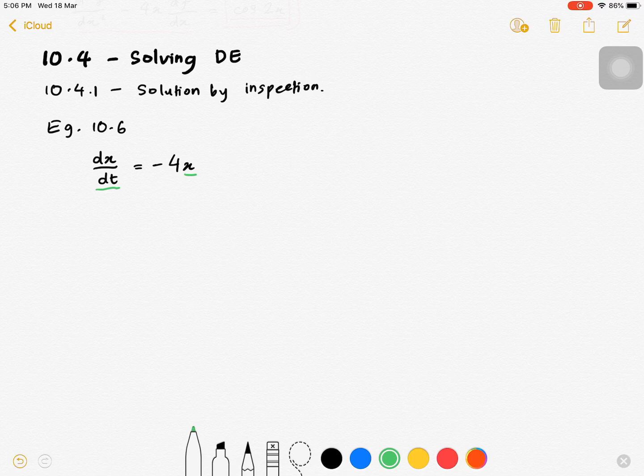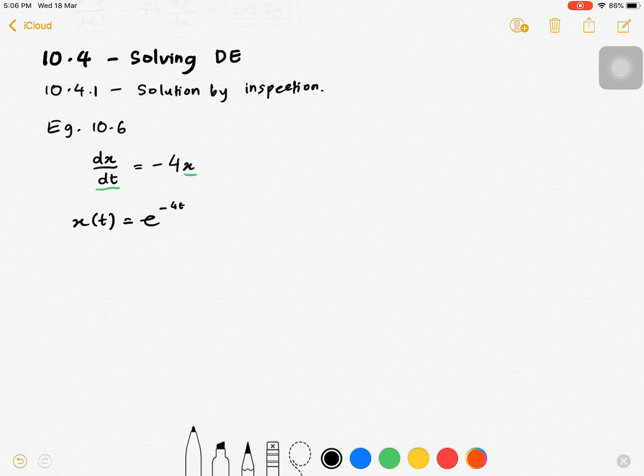How to solve this? One way is that we need to know the formula. So we can assume an equation, x in terms of t, is equal to e power of negative 4t, exponential negative 4t.